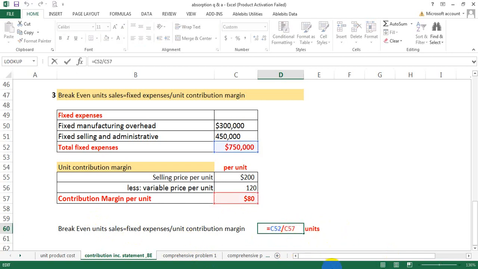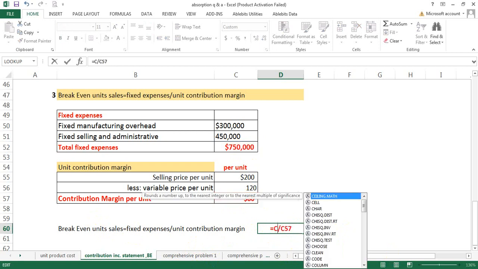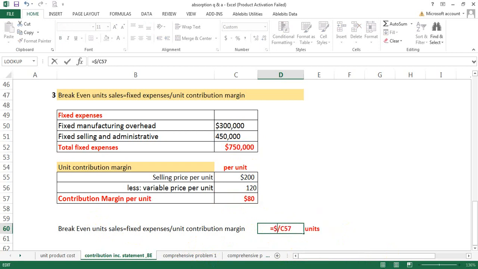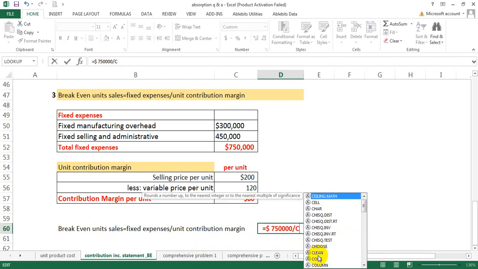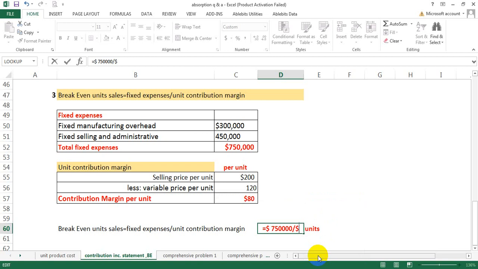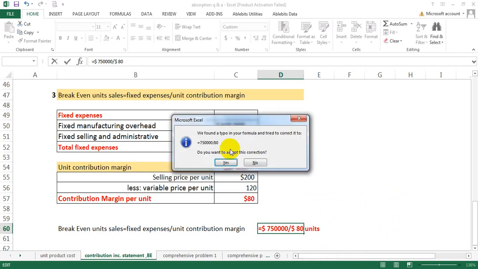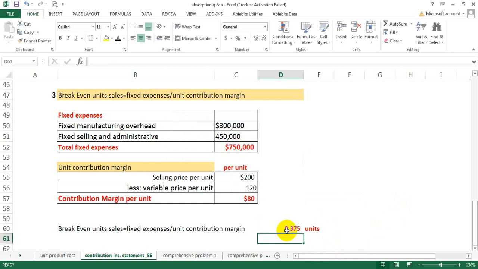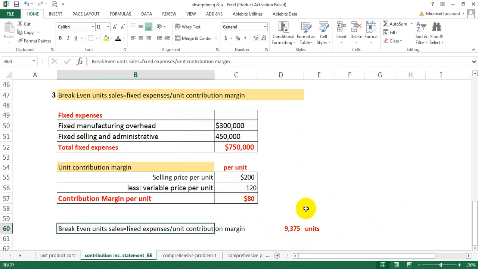How did I calculate? Check it. 750, I can write the values here so you can easily judge. And here I got $80. After dividing, we got 9,375. This is my break-even units, right?